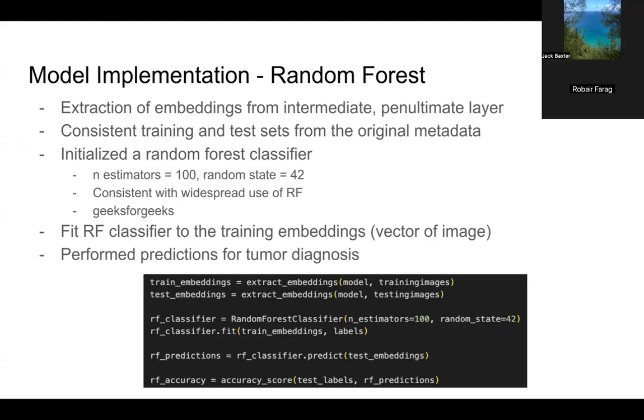We use n_estimators equal 100 and random_state equal 42, consistent with widespread use of RF. And then to fit the RF classifier to the training embeddings vector of image, we perform predictions for tumor diagnosis, and below you can see some examples and snippets of the training that we did for the tumor predictions.